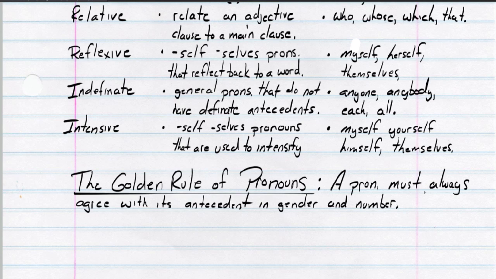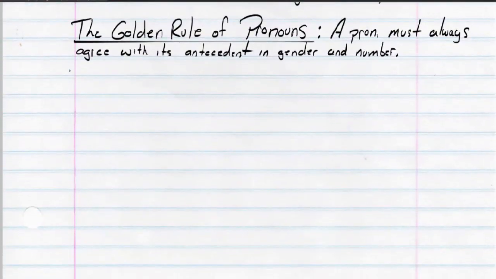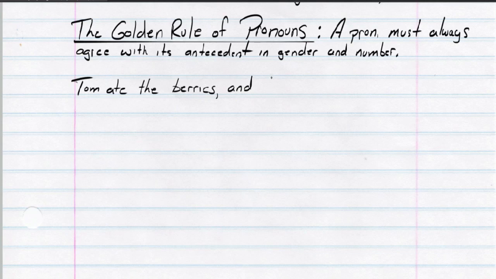Okay, so we're going to look at a couple things here. First of all, what is an antecedent? And how does a pronoun agree or disagree with one? So let me move my notes to the top of the page and write down this example sentence, please. Tom ate the berries and he got sick. Tom ate the berries and he got sick.